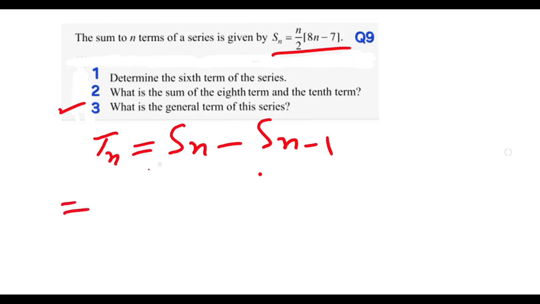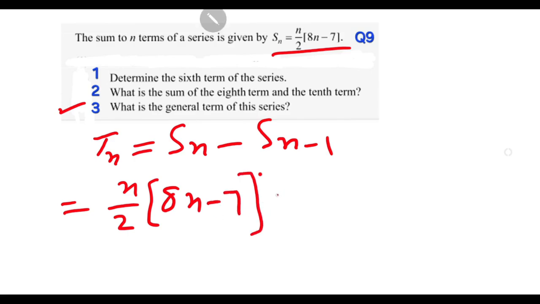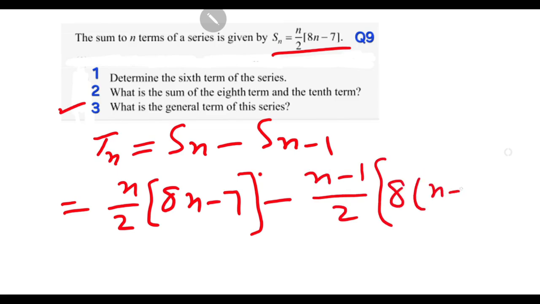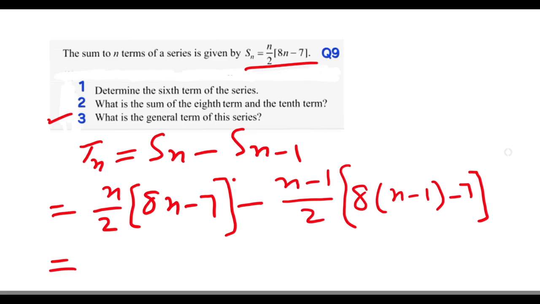So therefore Sn we got n over 2 big bracket 8n minus 7 big bracket close, minus, in place of n it's going to be n minus 1, over 2 big bracket 8 times n minus 1, minus 7. Now I'm going to simplify.